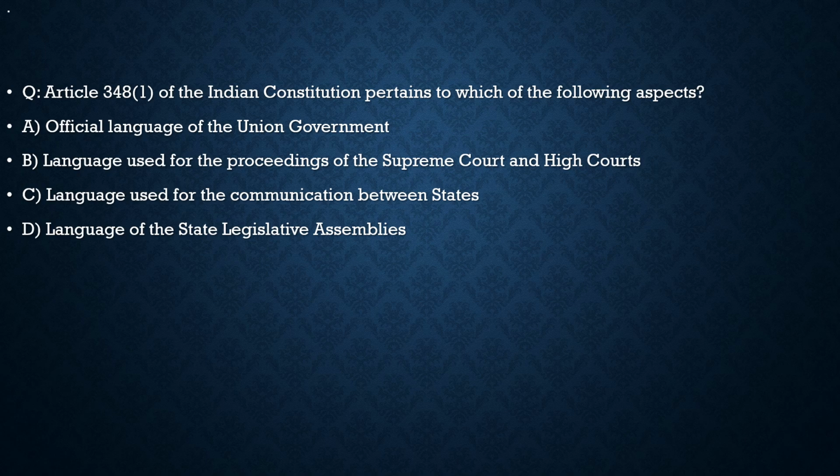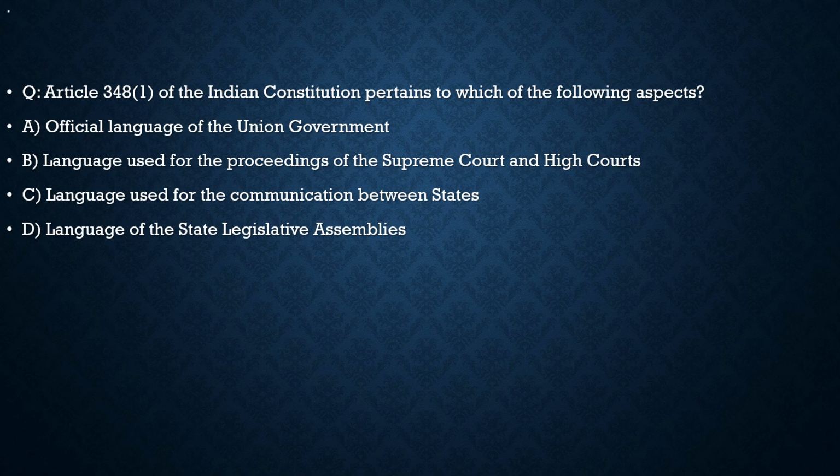And also, under Article 348, subclause 2, it is given that governors can change the languages for their particular high courts by consulting the president. They can choose different languages for their particular state.